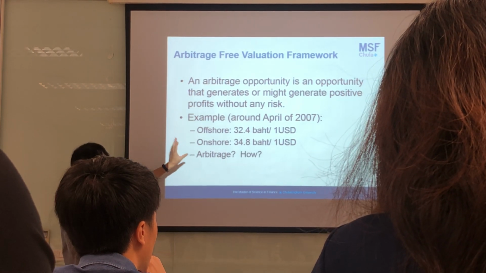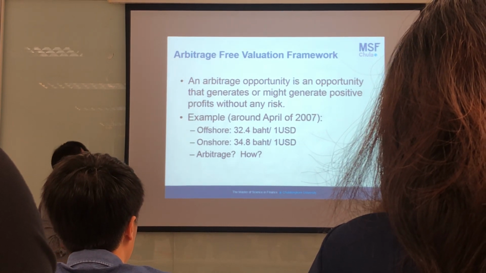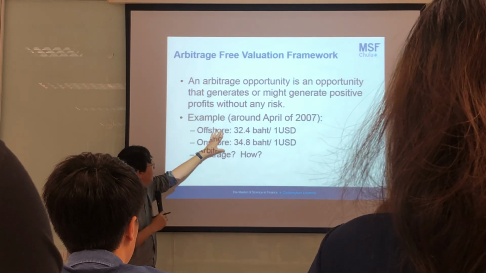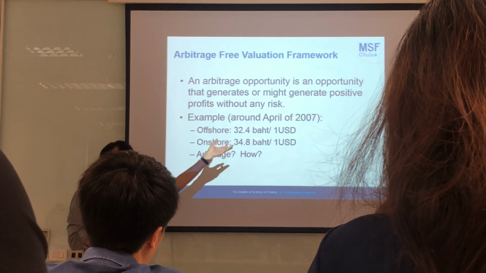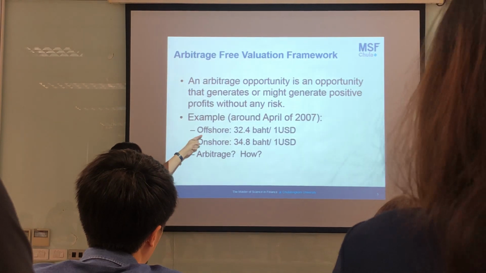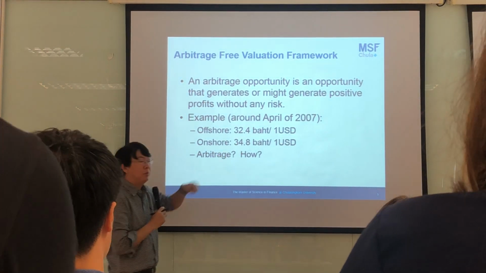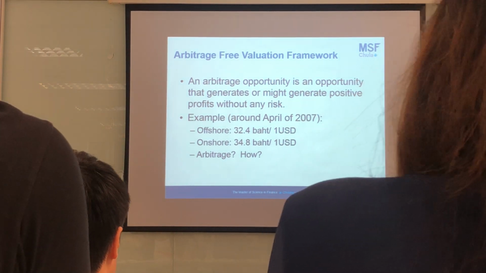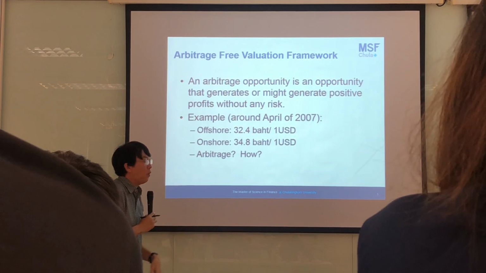For spot, actually, right now the rate is very close. However, this is the exchange rate that can be observed in 2007. You can see that $1 equals 32.4 baht in the offshore market, and in onshore it is equal to 34.8.